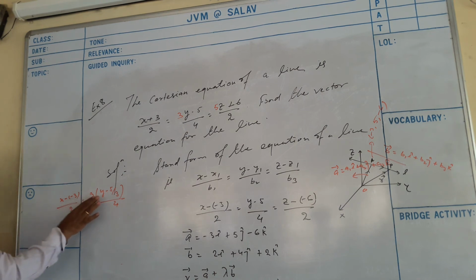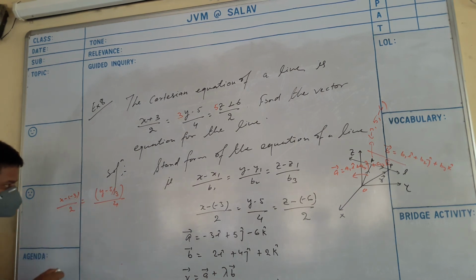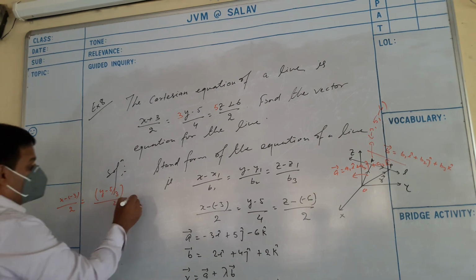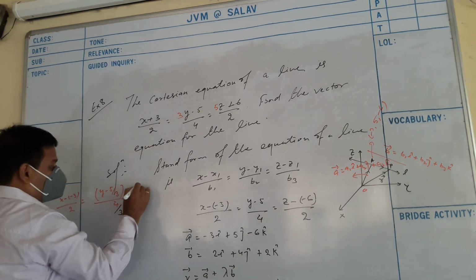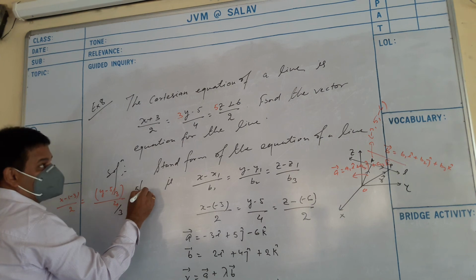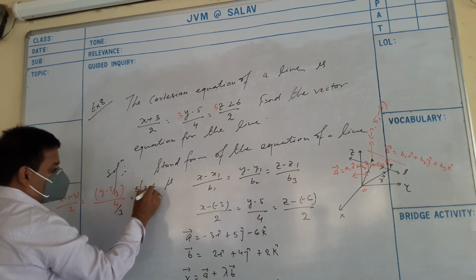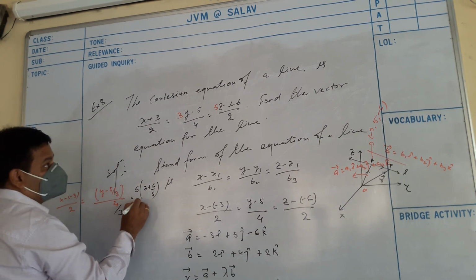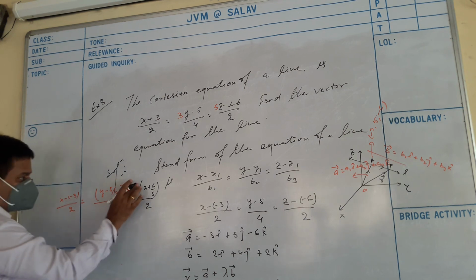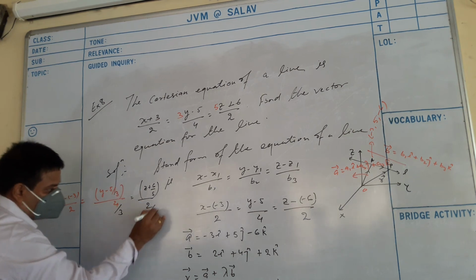And these 3 we can divide here. Any doubt? And here 5 is taken out, then z plus 6/5 divided by 2/5.